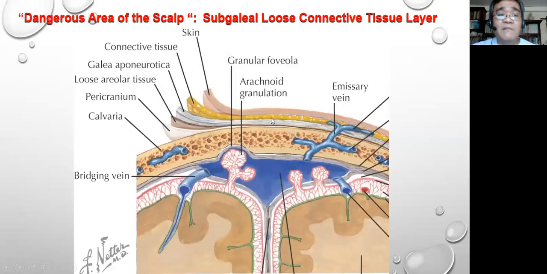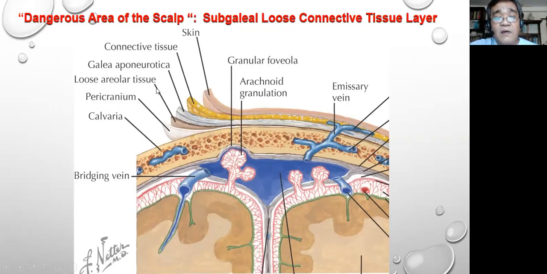Now there is a term called the dangerous area of the scalp. Where is this dangerous area of the scalp, and why is it called dangerous? Well, the dangerous area of the scalp is none other than the loose connective tissue layer.